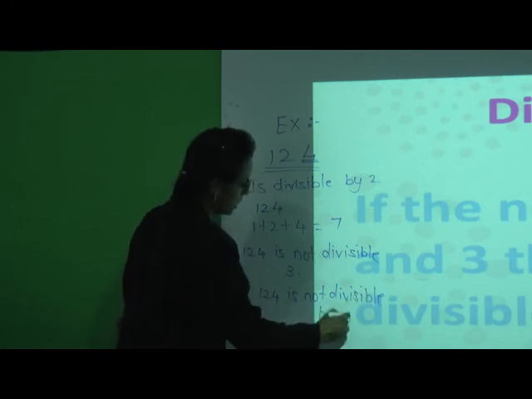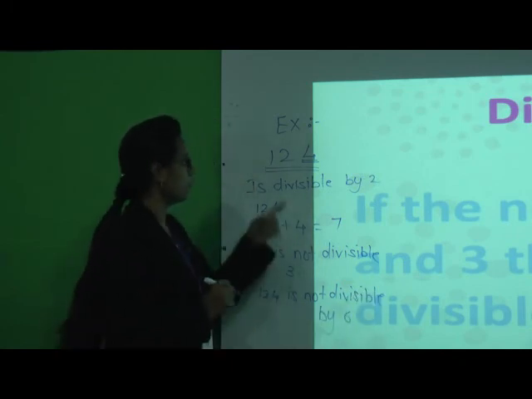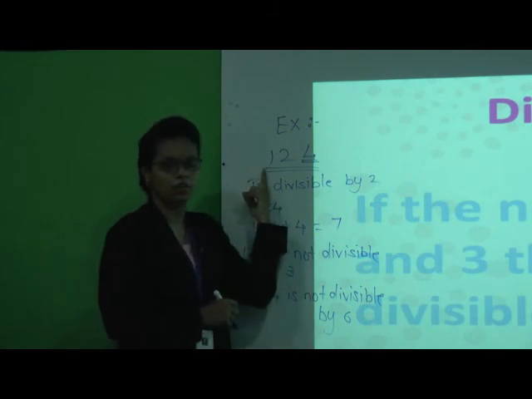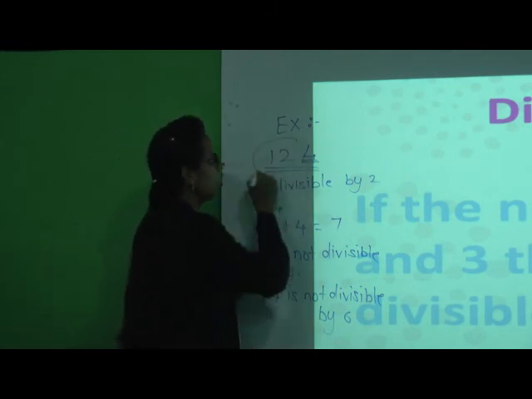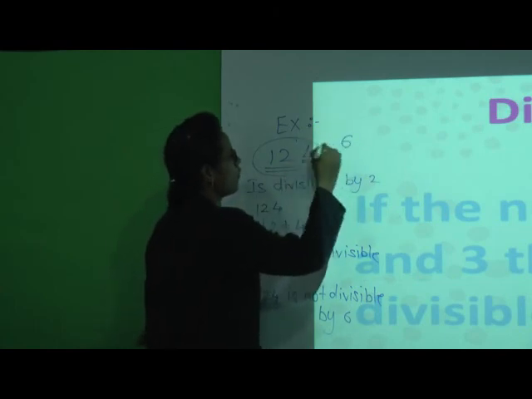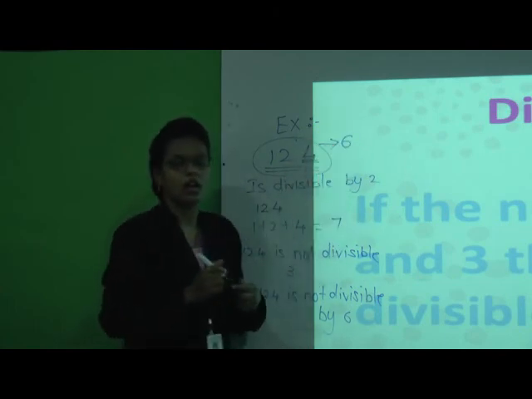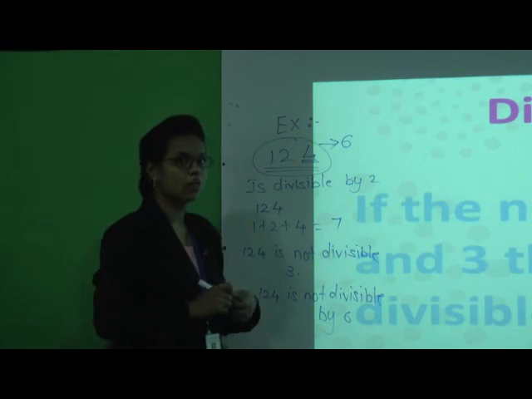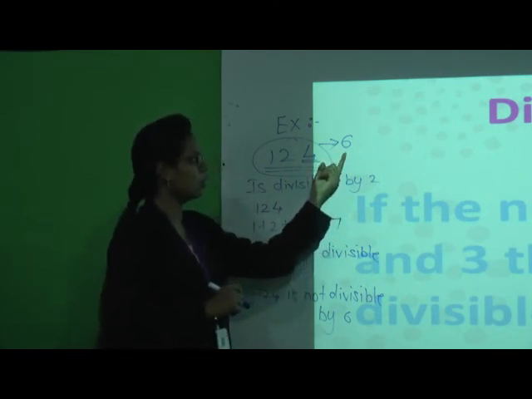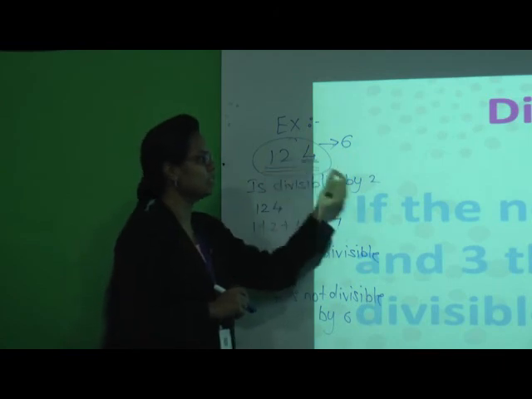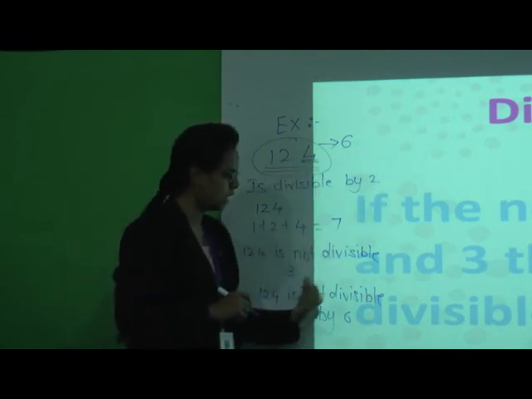Okay students, listen carefully. We have the number 124. We have to find the divisibility rule of 6. So what is the divisibility rule of 6? According to the rule, the number should be divisible by 2 as well as 3.